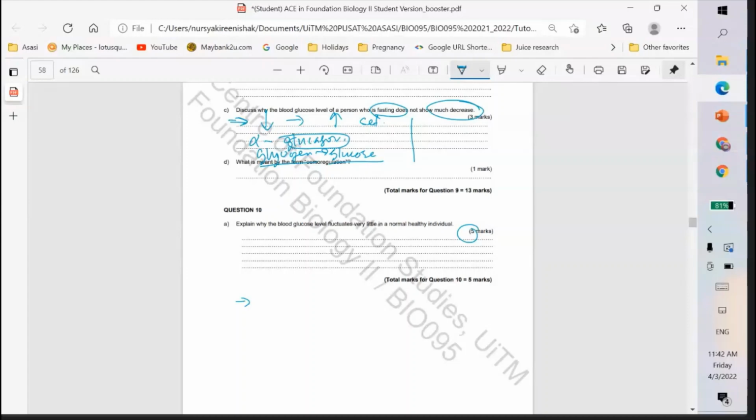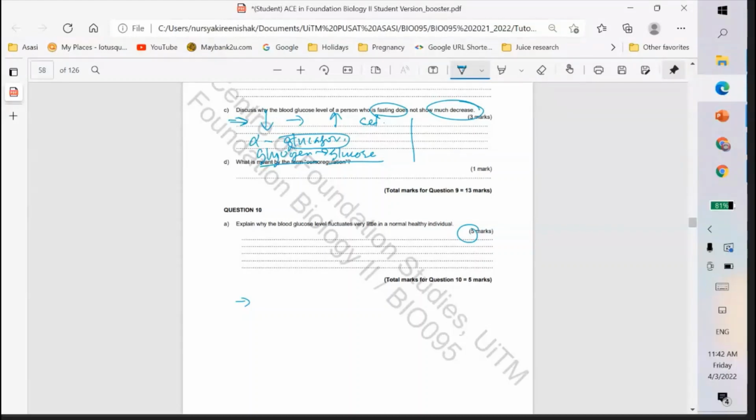And then the next point you could explain in your answer, you give the two different situations when the two hormones will be secreted. The first situation is when blood glucose level increase, insulin secretion will increase. Apa kesan dia? So this will convert the excess glucose in the blood into glycogen to be stored in the liver.